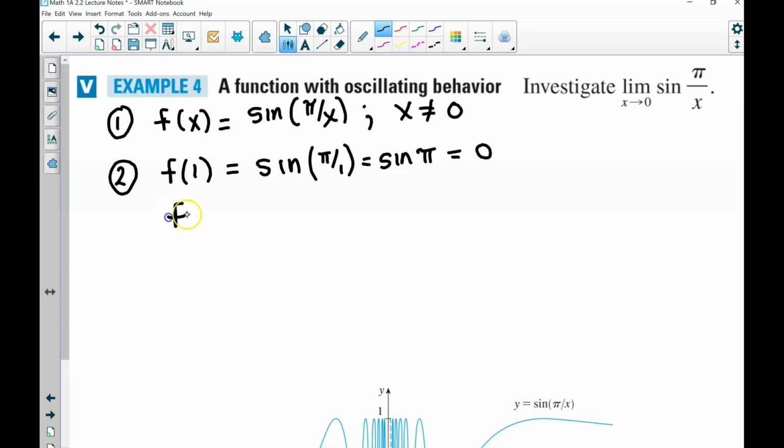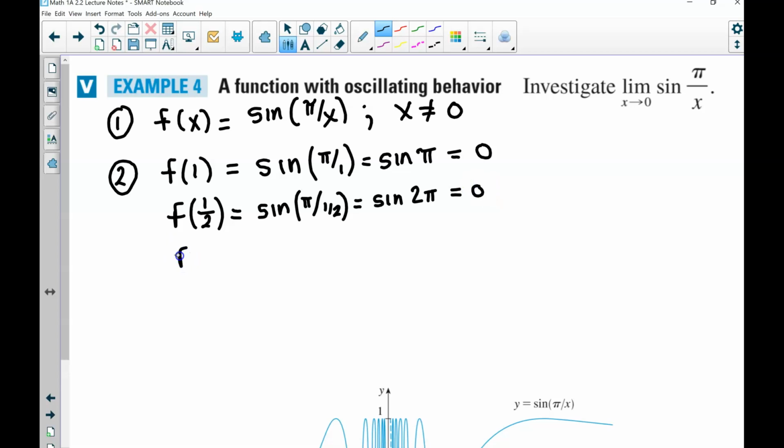If we take f of 1/2, that would be the sine of pi divided by 1/2, which is the same thing as sine of 2 pi, which again is going to give you 0.